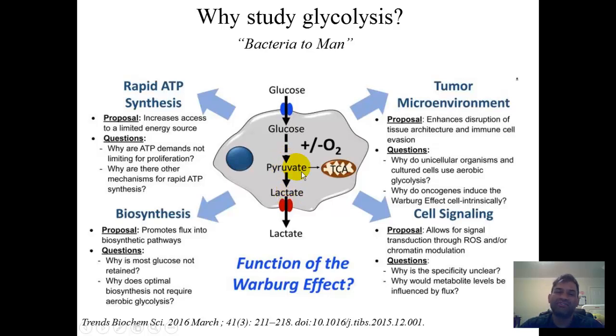So many of the cancer cells divert away from the TCA cycle and they produce lactate from pyruvate. So that was something that was sort of a mystery. Why do cancer cells do that? And furthermore, if you can find a way to block this flux from pyruvate to lactate, you may have found a way to sort of regulate or shut down cancer cells.